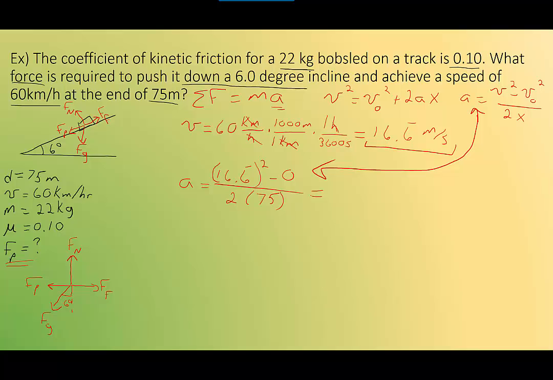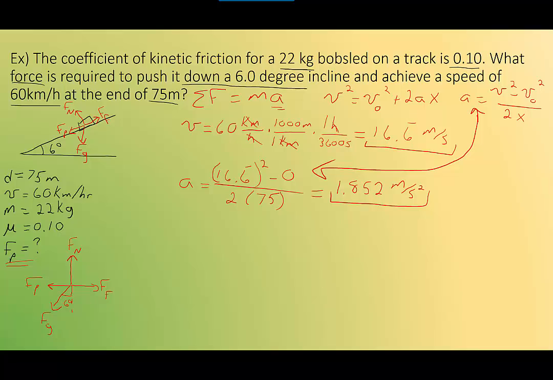That gives me an acceleration of 1.852 meters per second squared. So now that I have my acceleration, I can go ahead and use Newton's second law, the sum of the forces equals ma, and find out what the push force is.